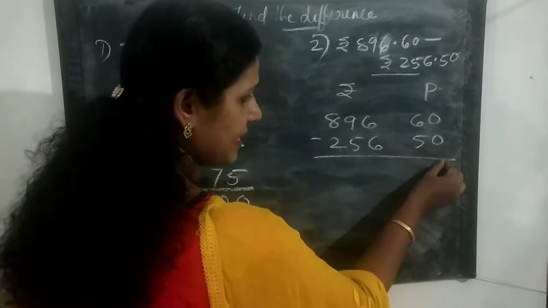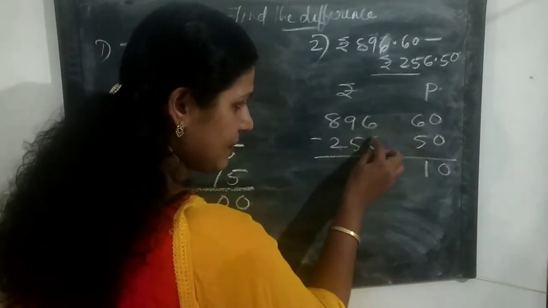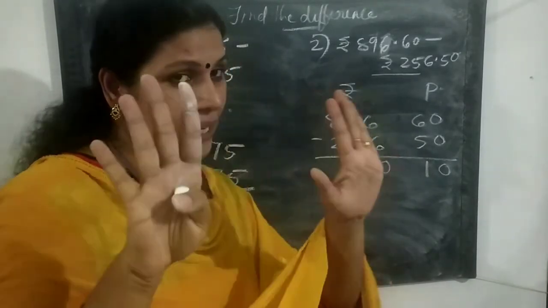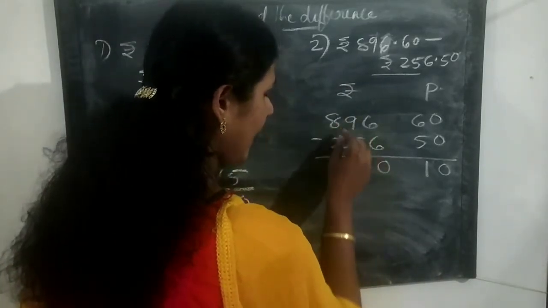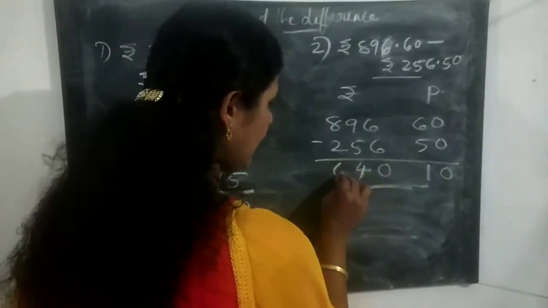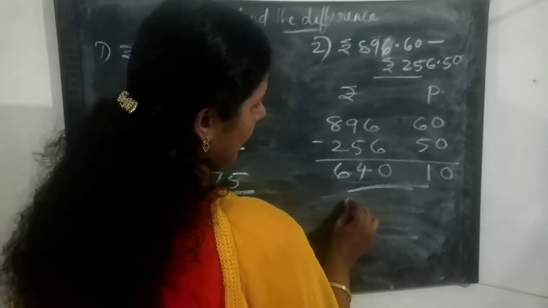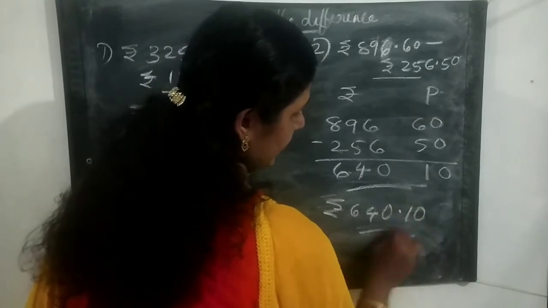Then 0 minus 0, 0. 6 minus 5, 1. 6 minus 6, 0. 9 minus 5, 4. 8 minus 2 is 6. So here we write 6. Now we get the rupees as 640.10 paisa.